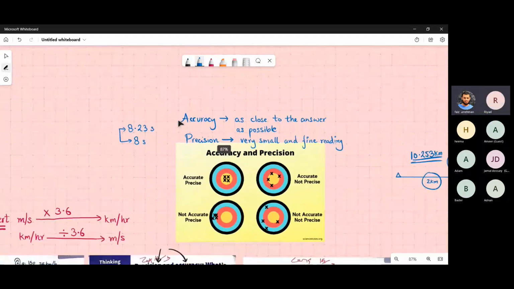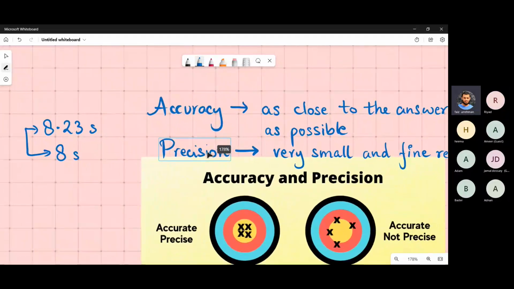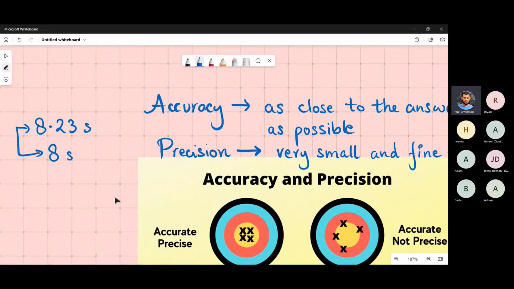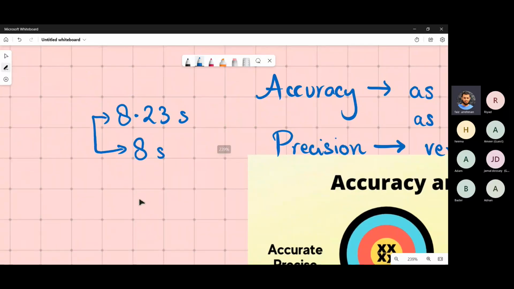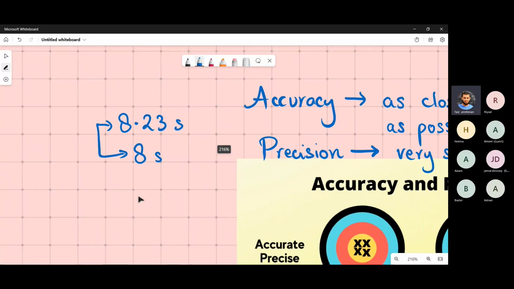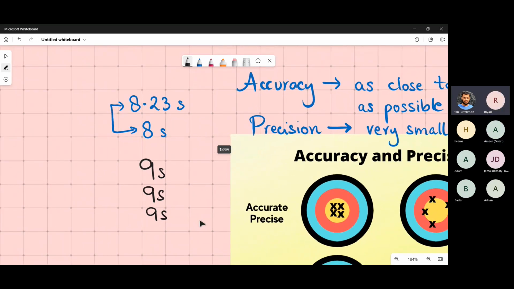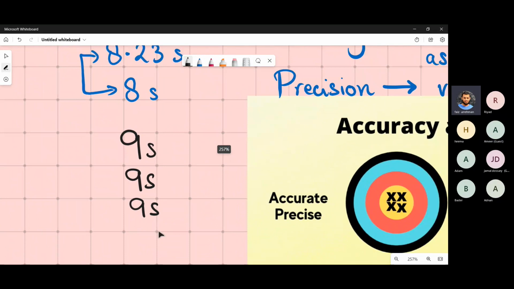So where are accuracy and precision important? One example is a race. In a race, the guys are so near each other. If you do not use decimals, then you cannot define their time. If you say the first prize winner is 9 seconds, and the second prize winner is 9 seconds, and the third prize winner is also 9 seconds, people will hit you if you give this type of news.